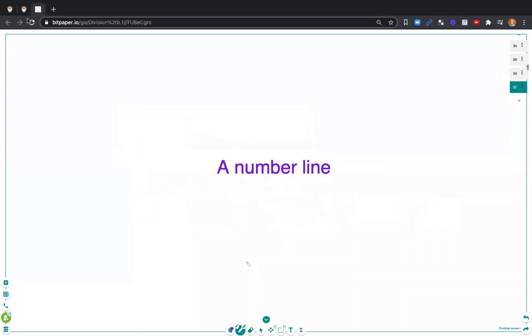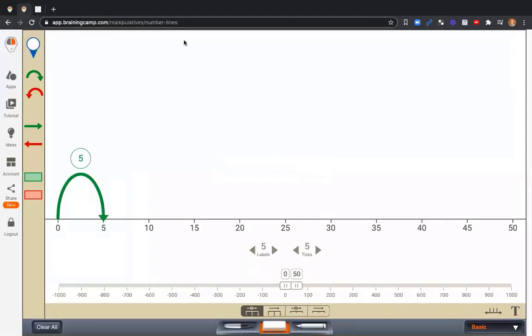I want to start by looking at a number line. If I start with a quantity of 12 and I want to divide 12 by 5, I can ask myself, how many groups of 5 can I make if I start with a quantity of 12? You can see from this first jump, that is one group of 5.